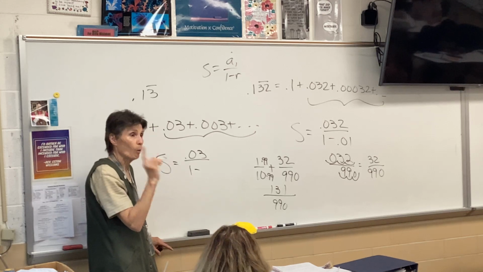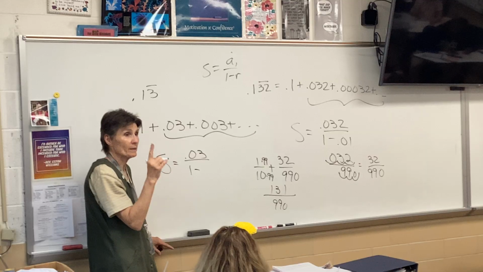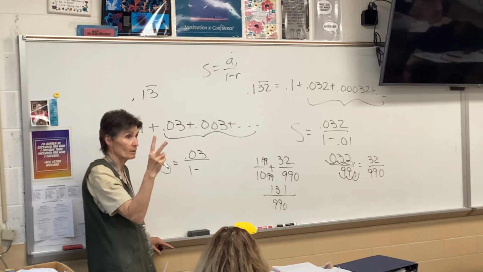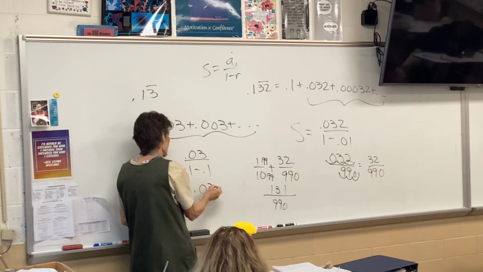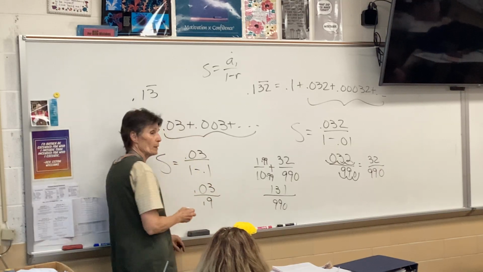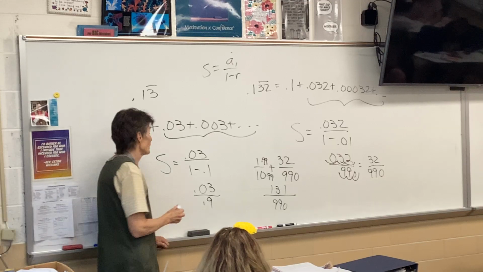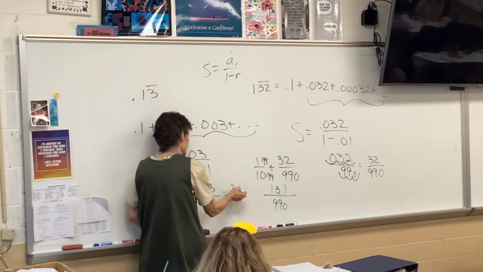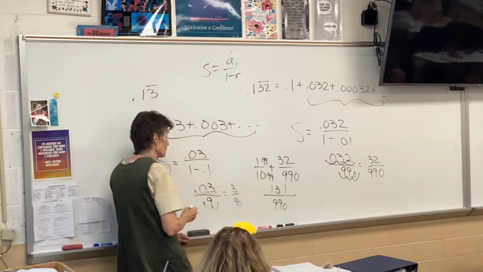No. Point one. Point one. It's 0.01 if there are 2. So we have 0.03 over 0.9, which is 3 over 90. You can absolutely reduce that if you want.